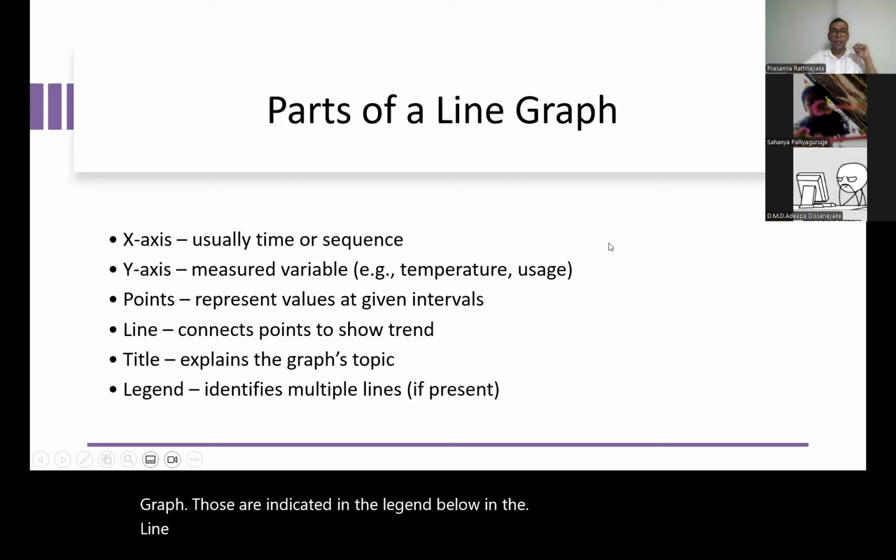So let's look at a real line graph, right? Okay. Now to see whether you are with me, I'm going to ask a simple question.